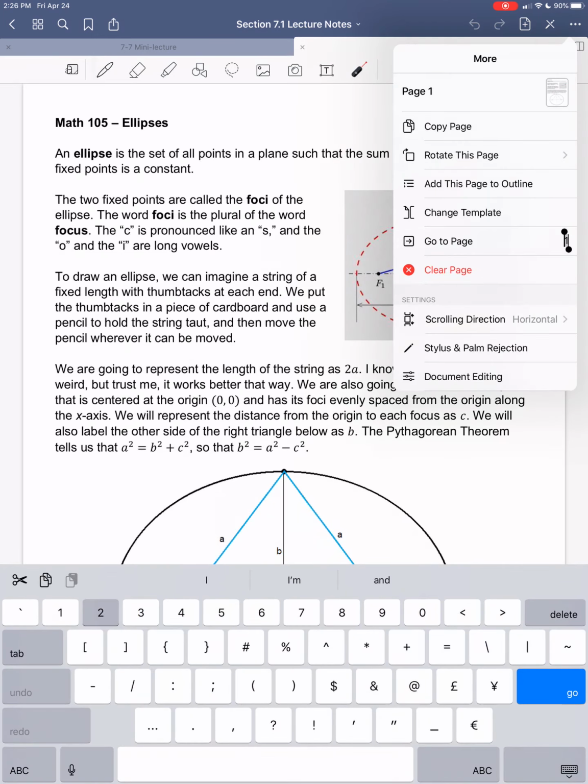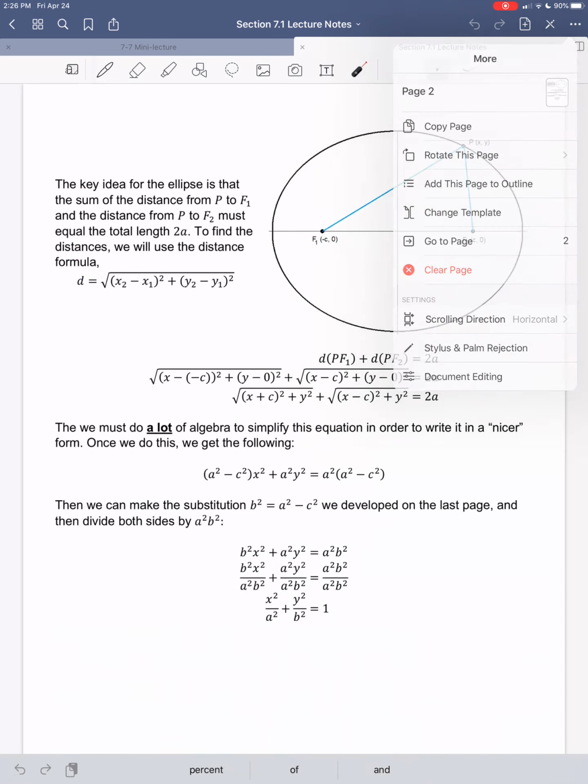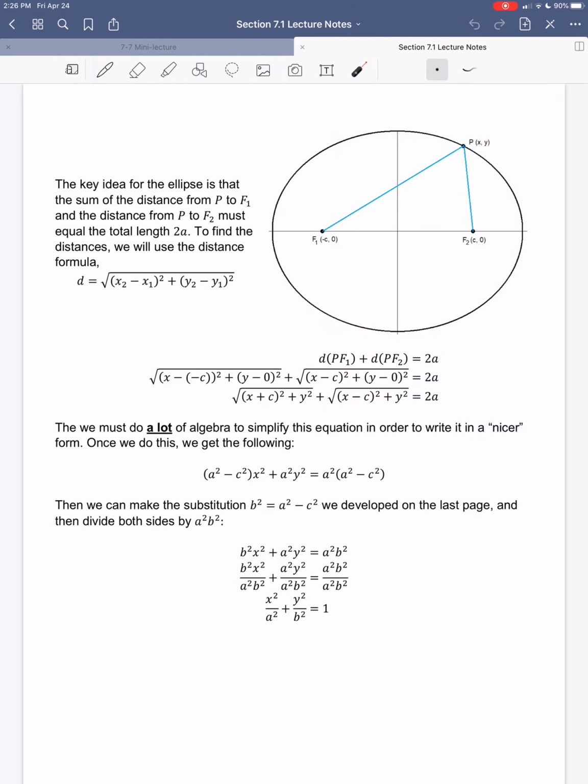So with that setup, the key idea is this: if I move the pencil to a point P that's away from the top, the sum of the distance from P to F1 and the distance from P to F2 is the total length of the string. That must equal the total length 2a.